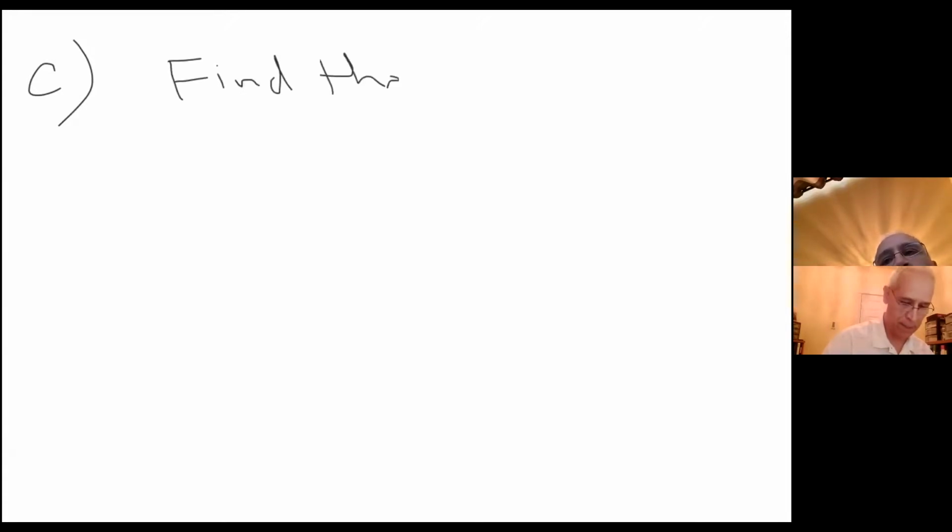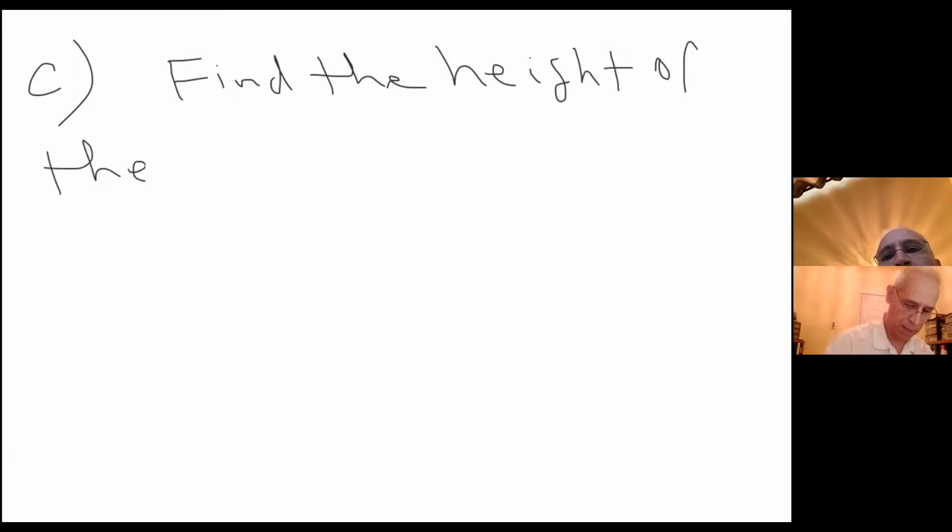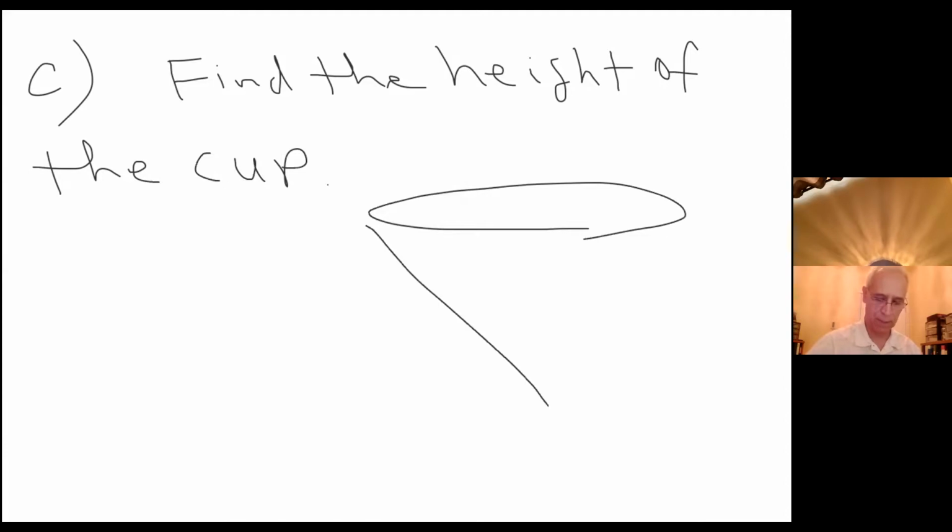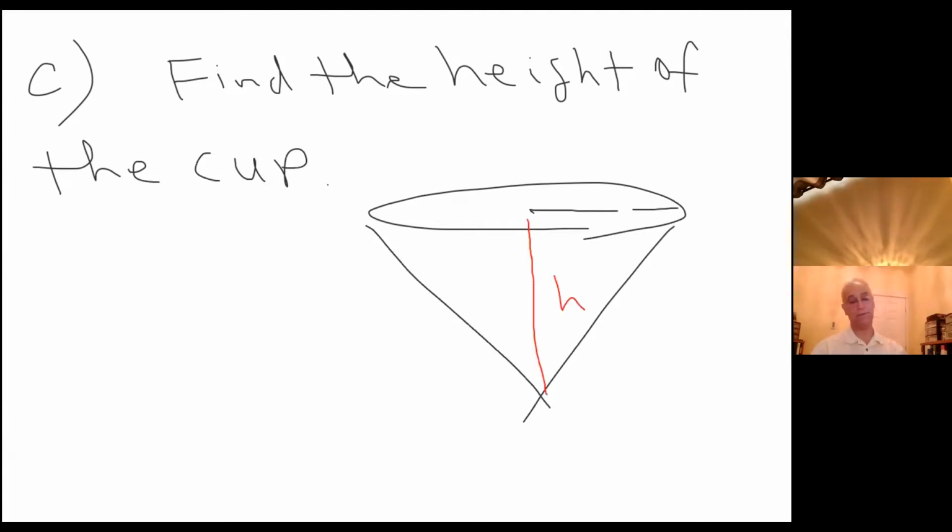Part C of this question is asking, find the height of the cup. So if I do my cone in here, this is the radius, and this right here is the height. We want to find that height. So now we can use the Pythagorean theorem. We know that this side right here is 6. How do we know that?